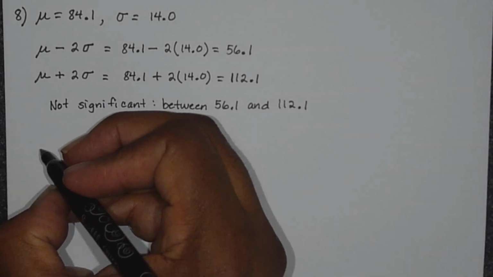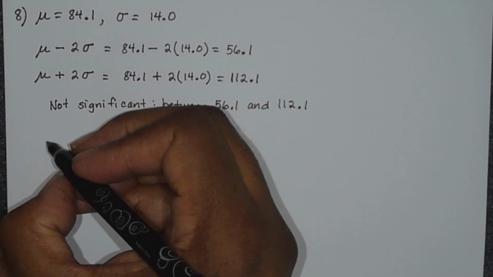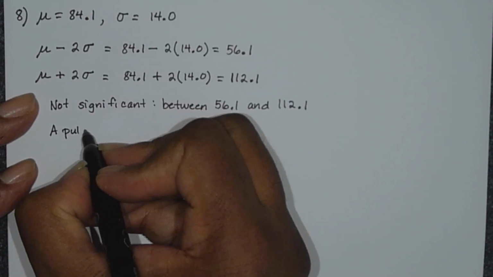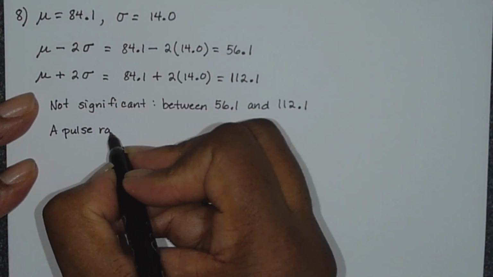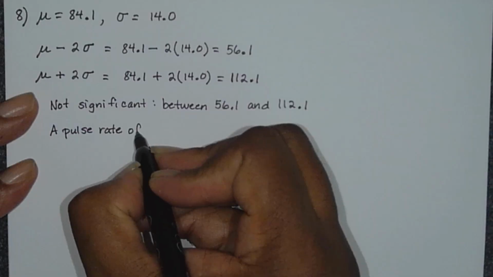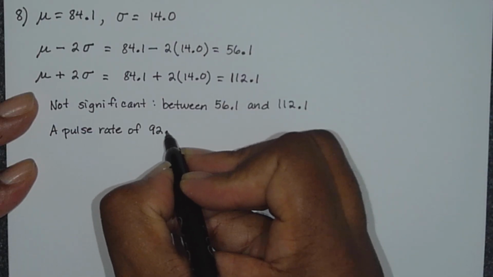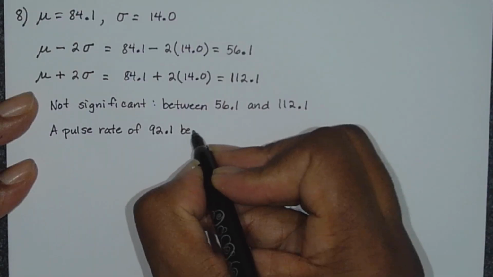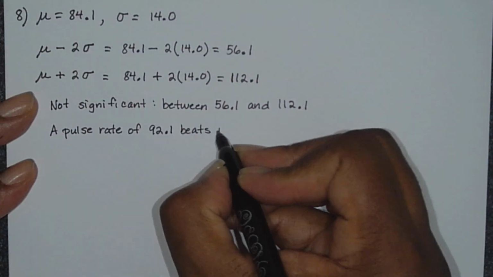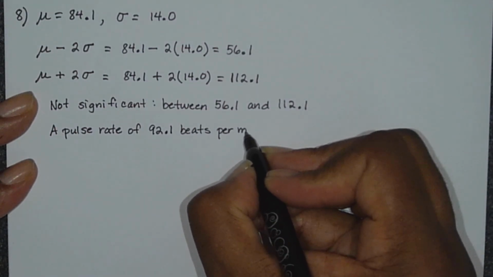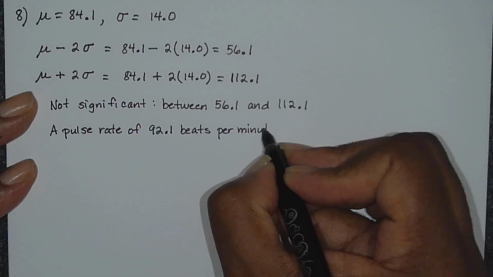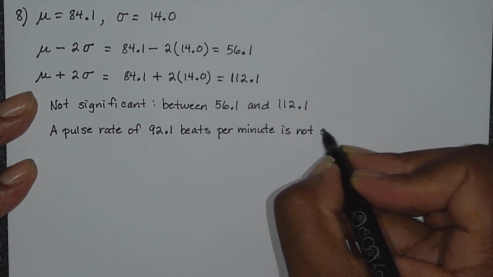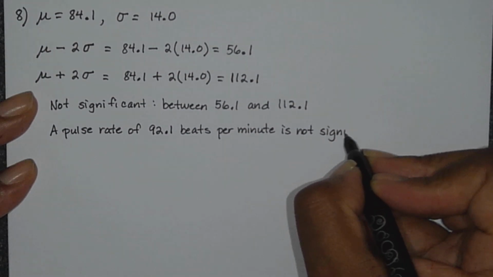So we can say here that a pulse rate of 92.1 beats per minute is not significant.